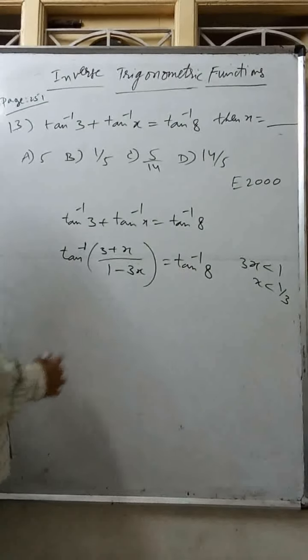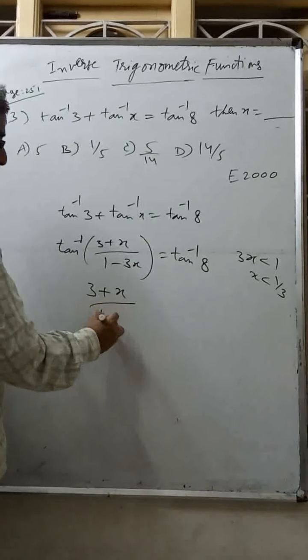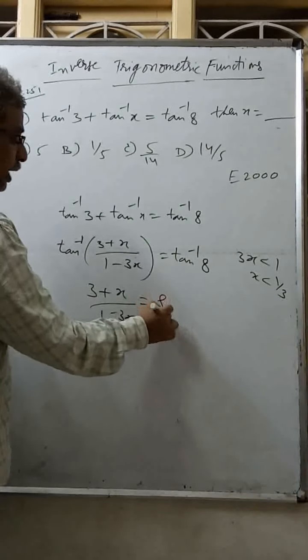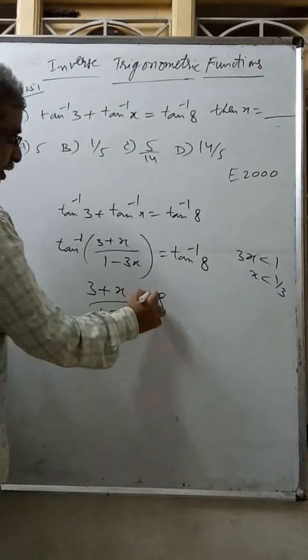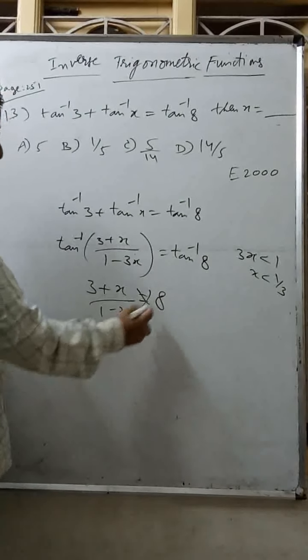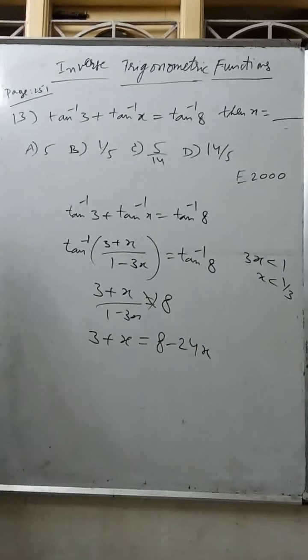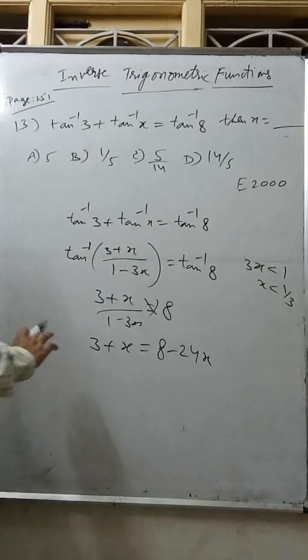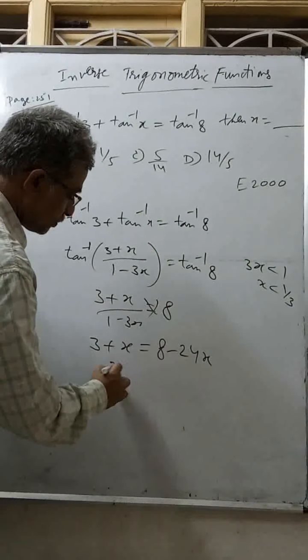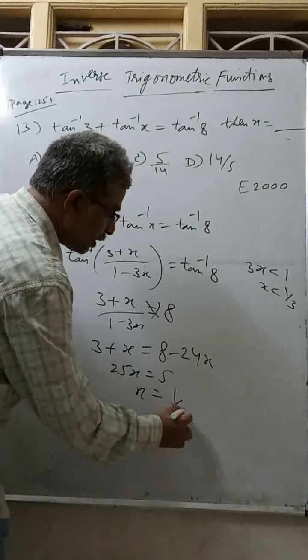Both sides tan inverse gets cancelled, and it becomes 3 plus x by 1 minus 3x equal to 8. If I cross multiply, I get 3 plus x equal to 8 minus 24x. So 24x to this side and 3 to that side, so it becomes 25x equal to 5, x equal to 1 by 5.